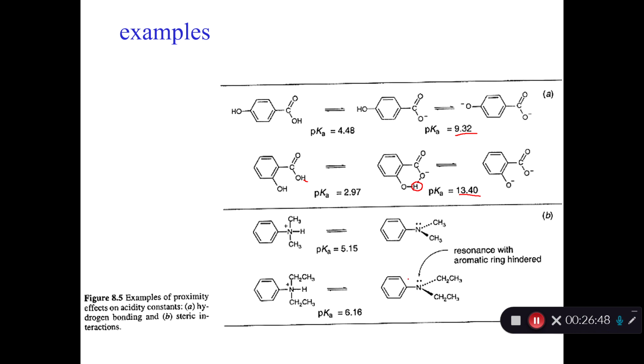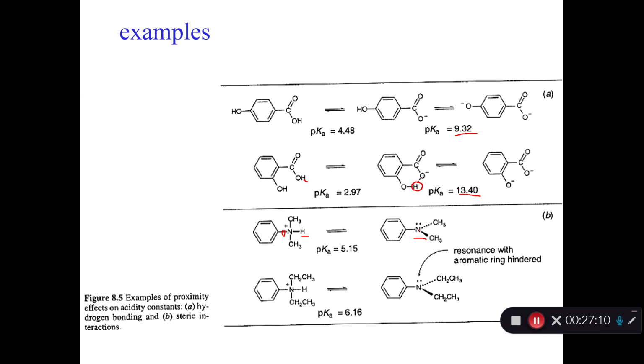And then here's an example of some steric effects. So here's an aniline with these two methyl groups on it. Here it is in its neutral state. If it picks up a proton here, these methyl groups can rotate. There's rotation about this bond right here.